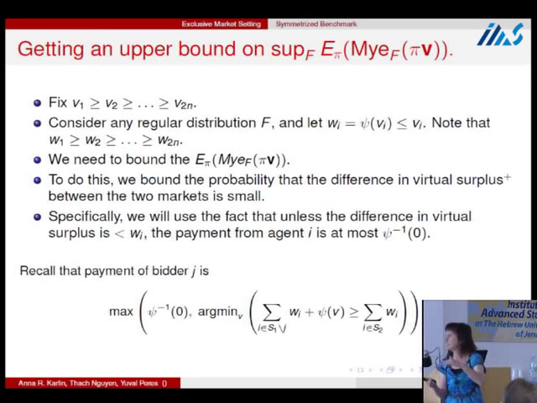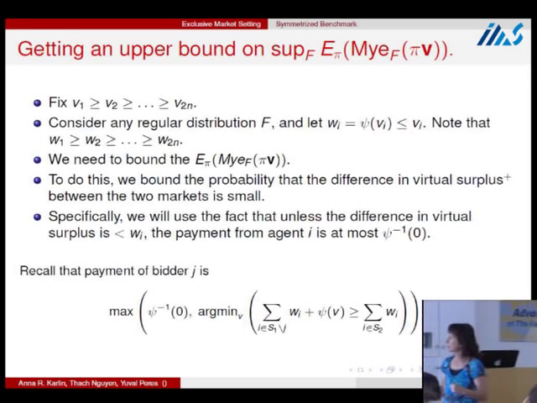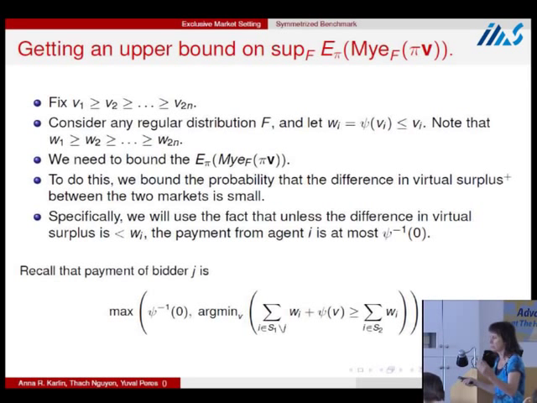I meant, if the difference in virtual surplus is more than w_i, then the payment is at most that. Yes, this is supposed to be a more than. If the difference is big, then the payment is small. So it's either going to be that or 0.